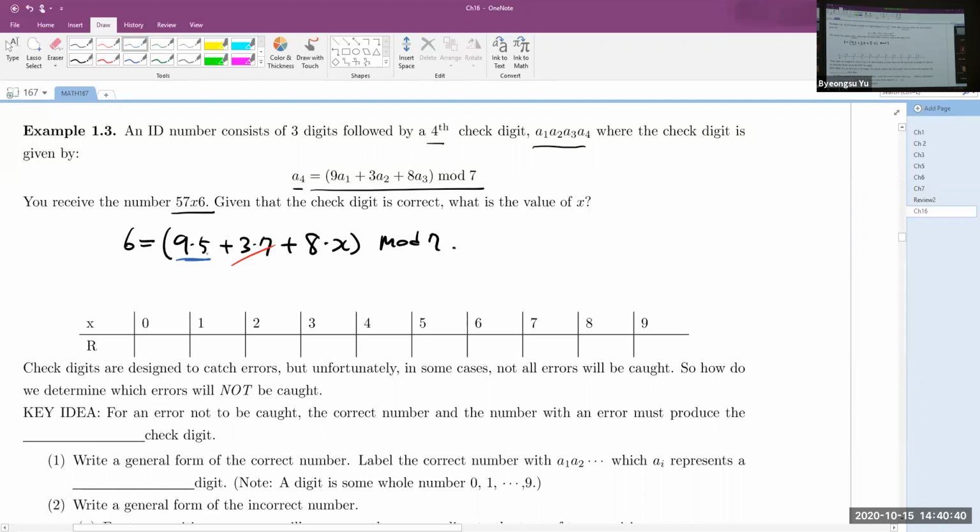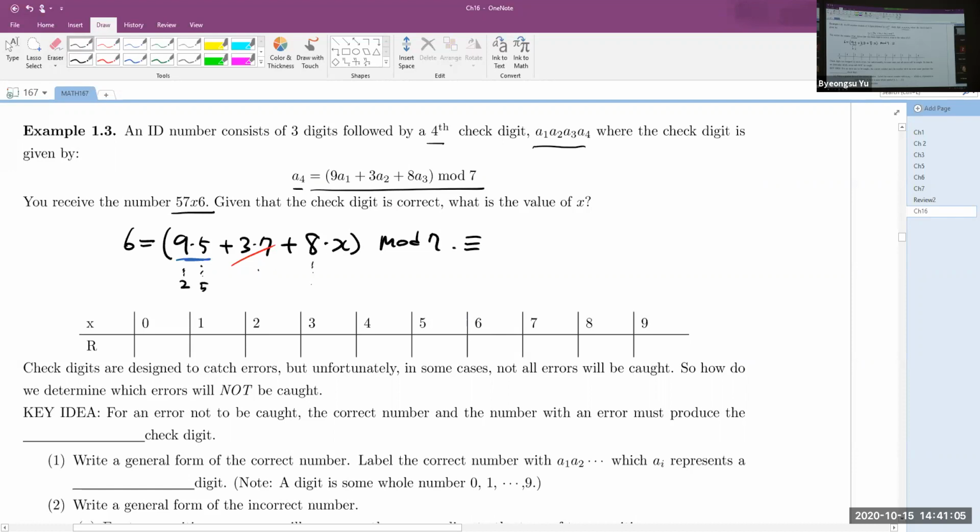Actually, 9 mod 7 is just 2. And 5 mod 7 is just 5.